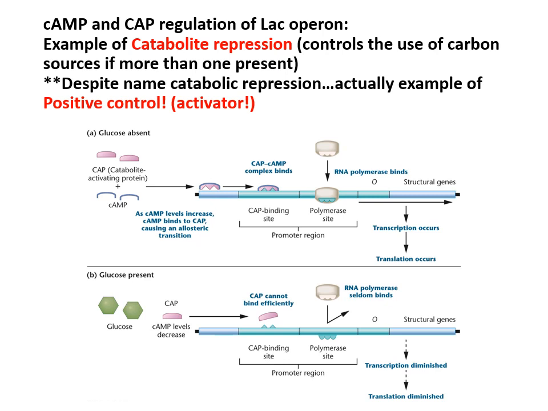So like we said, glucose is preferred. And what was discovered is that polymerases don't actually bind efficiently to the lac operon unless what's called CAP is also present. CAP stands for catabolite activating protein.